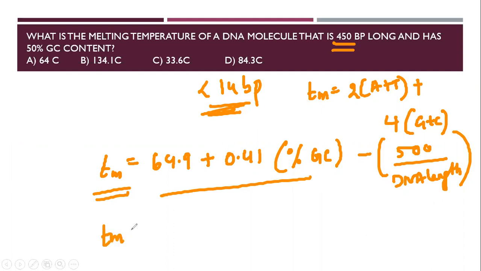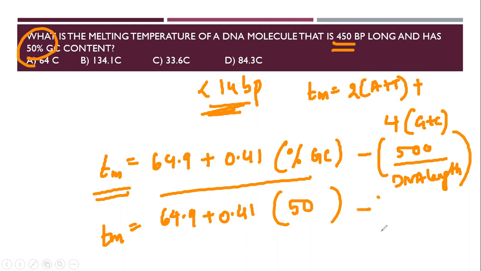Now using this formula, can you solve it? The Tm will be 64.9 plus 0.41. What is the percentage of GC given? It is given as 50. Correct. So you write 50 minus 500. What is the DNA length given? 450.